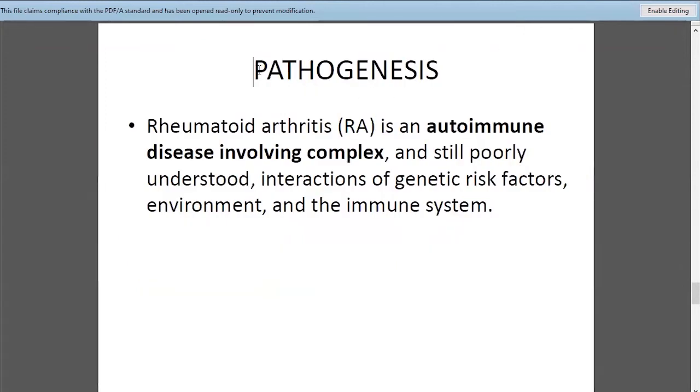Then we're still talking about pathological changes. Basically, this slide already belongs to autoimmunity disorder. The reason that causes it is still not totally known yet.